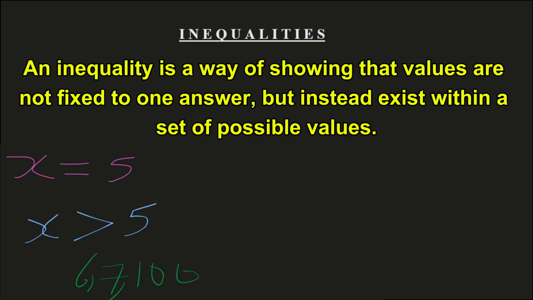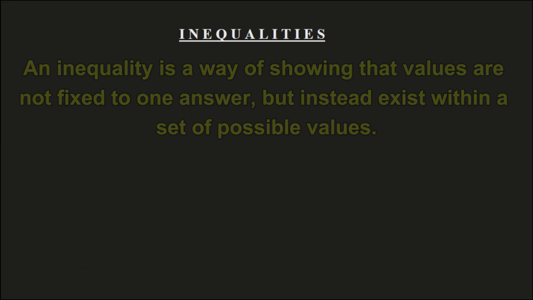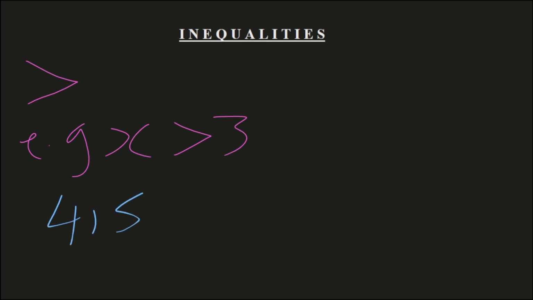Now let's understand the symbols, because this is where many students get confused. We have four main symbols: greater than. This means a value is larger than another. Example: x is greater than 3. This means x can be 4, 5, 10, and so on.